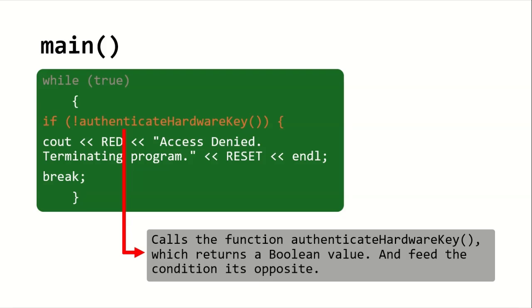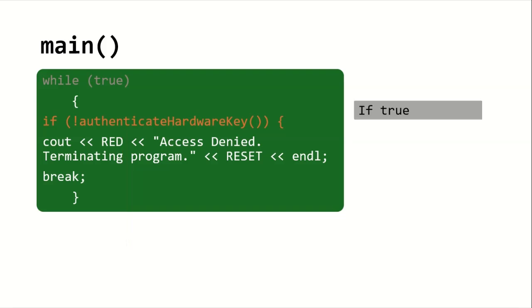So we can see we call the function authenticate hardware key, and what it returns, we use its opposite to run this condition.